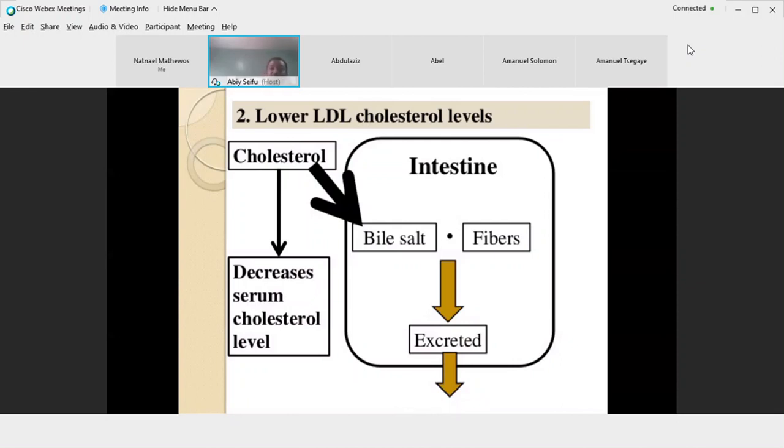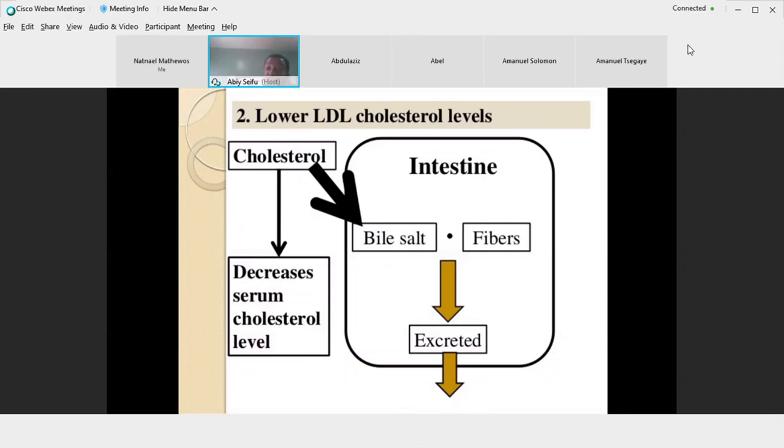Now, cholesterol is substrate, and the product is bile acid. Bile acid is useful for emulsification of lipids. Now, bile acids, where it is made? It is made in the liver from cholesterol. And bile salts, it is excreted through the feces less than 5%, normal. Almost 95% is recycled.